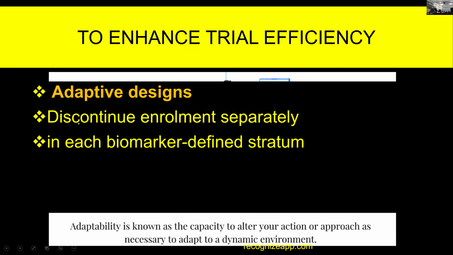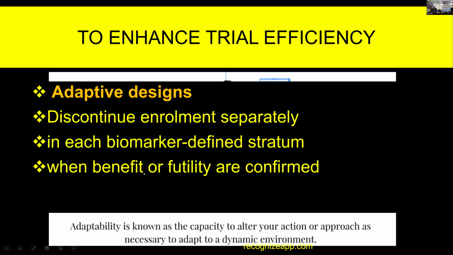So we can discontinue enrollment in each biomarker defined spectrum when benefit or futility are confirmed. Futility means all those with low calprotectin antibiotics are not showing any effect, improvement, or benefit or harm, nothing. So halfway through the trial, all those with low calprotectin will be stopped.